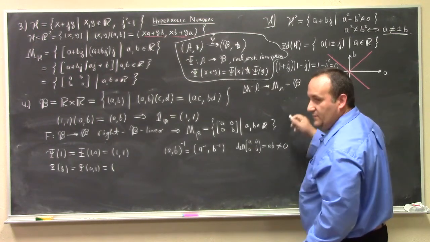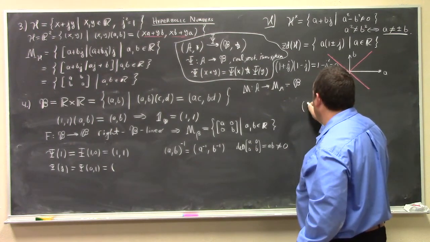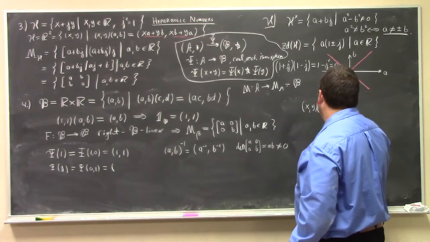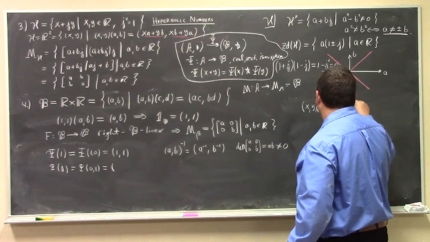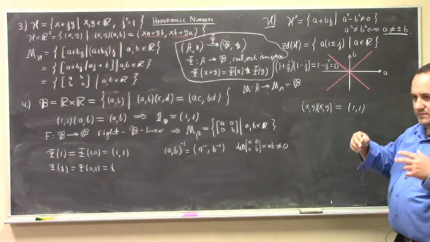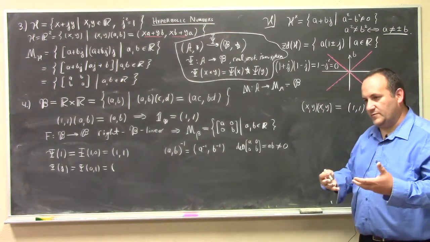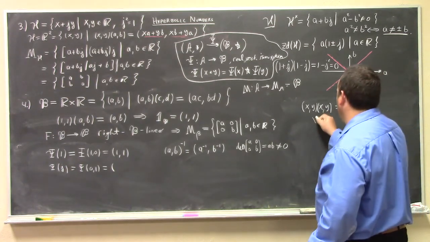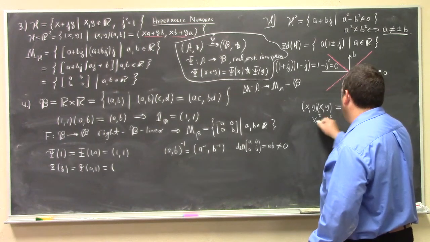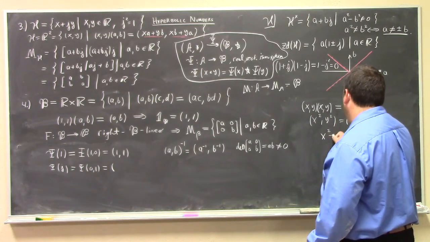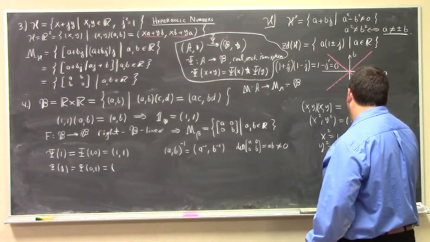So if we're looking for something in B such that xy times xy is equal to 1, 1, that would be the element of the direct product algebra which behaves like j. So this gives you x squared, y squared equals 1, 1. Well, you've got x squared equal to 1 and y squared equal to 1, so you could say negative 1.